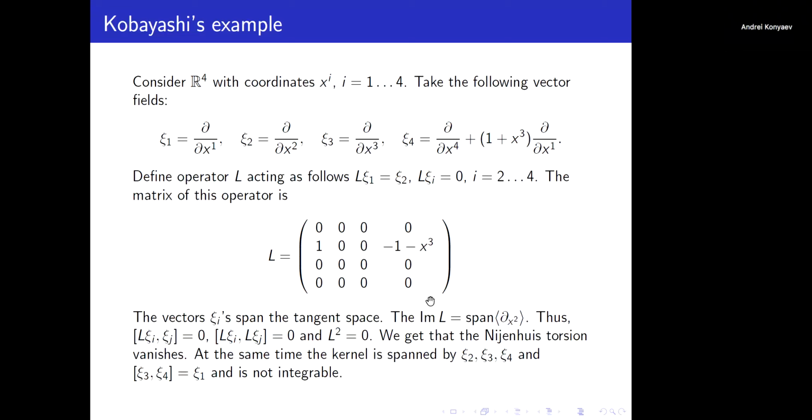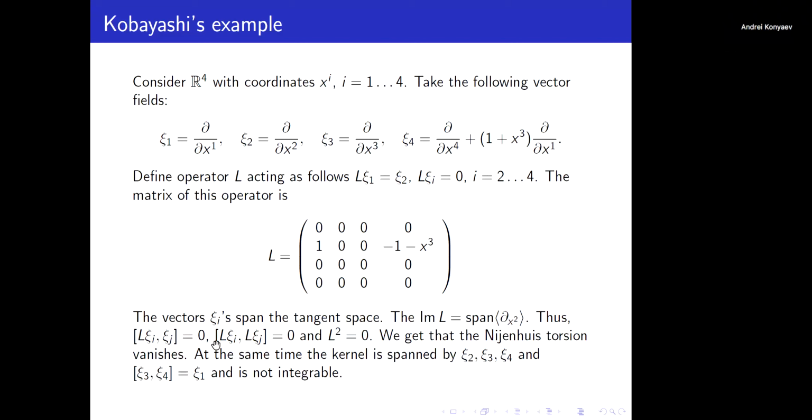We see that the image of the operator is the span of partial x2. See, you have only a one-dimensional image. Because of that, we'll see that those brackets vanish, because if we apply this to the image, it will be partial x2, and here we go through different operators, and we'll see that they do always commute with this one, right?